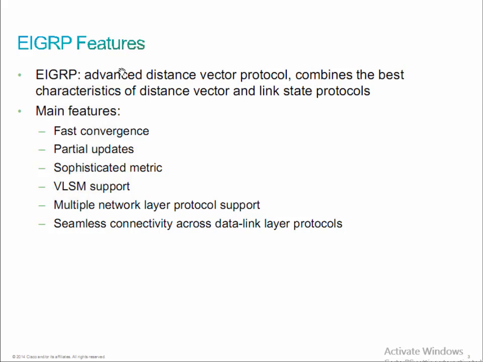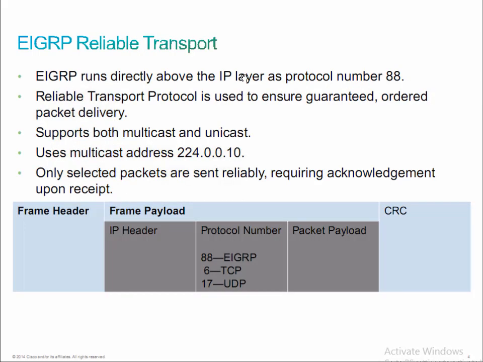Now, as a protocol, EIGRP sits right on top of IP. This slide is a little bit confusing because it references TCP and UDP in the slide, but that is only there simply as an example of other protocol types that exist based on information that's encapsulated inside of IP.